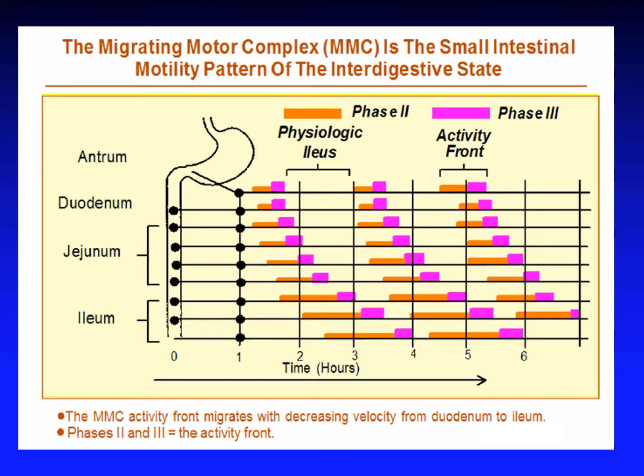This is a diagram that shows recordings from the stomach as well as the small intestine, the duodenum, jejunum, and ileum. The MMC is generated by the gut hormone motilin.